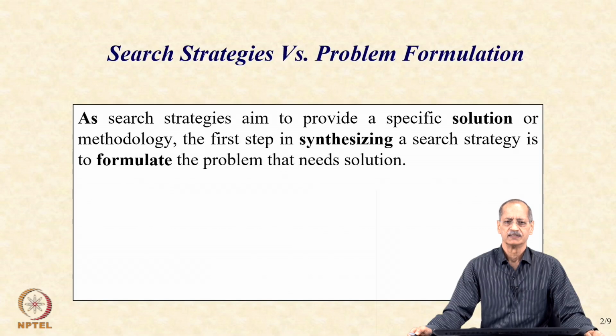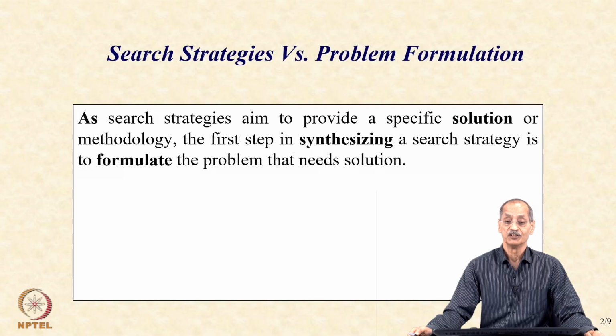And that brings us to the important first step in this whole process, which is the formulation of the problem, and that in some way is related to synthesizing a search strategy itself.